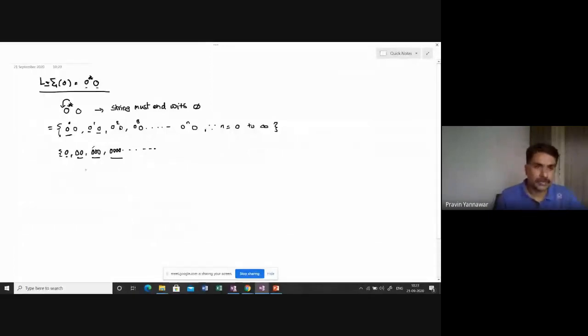Let us try to have one more example in this case. If you have a language L based on set of alphabet sigma such that it consists of A and is defined by A star.